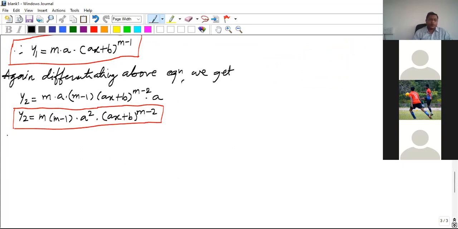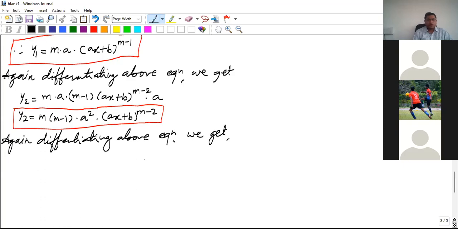Now try to get the third order derivative. Again differentiating both sides we get, what are you able to get here? This will be y3.